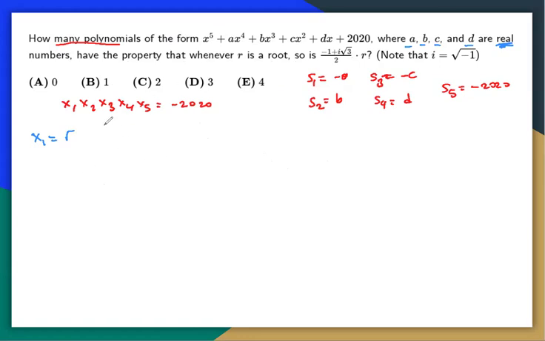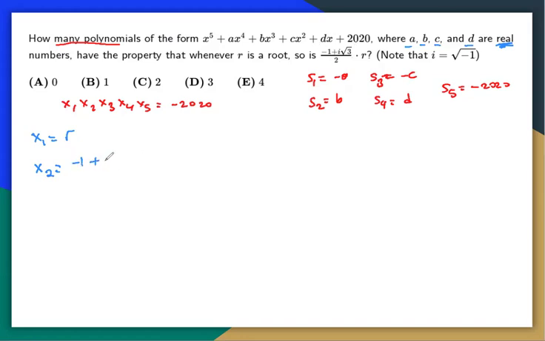Complex solutions must come in pairs, so we could have 4 complex and 1 real, or 2 complex and 3 real. But at least we know we certainly have 1 real root. I don't know what that number will be, maybe r, maybe not. So I'll call x1 r, and x2 should be r times this complex number.